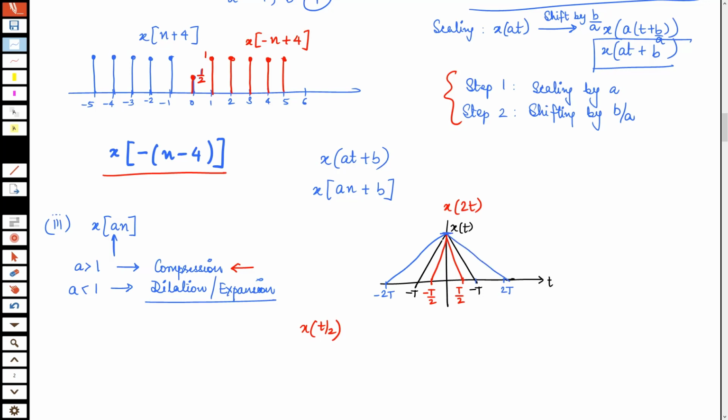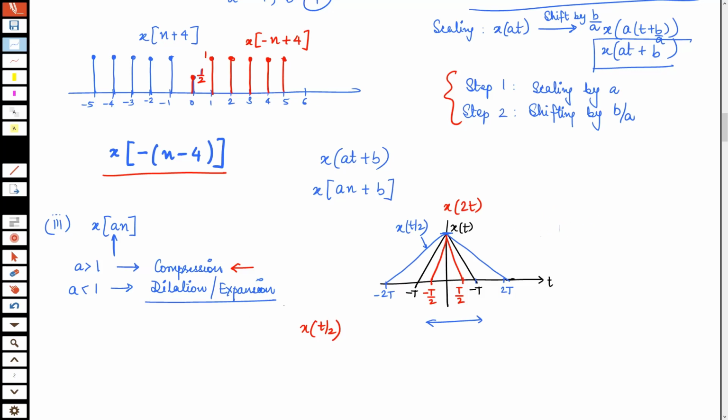Now see that the amplitude remains the same, right? The shape remains the same and the extremity values remain the same. It is just along the time axis that there is a compression or expansion. So this signal is x of t by 2. Just an example where a equal to 2 or a equal to half. What happens in that case?